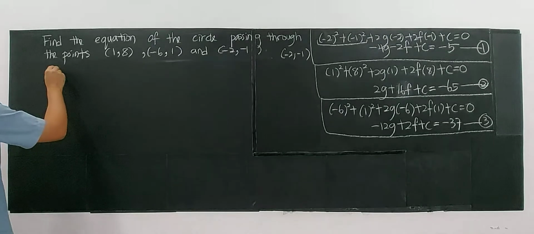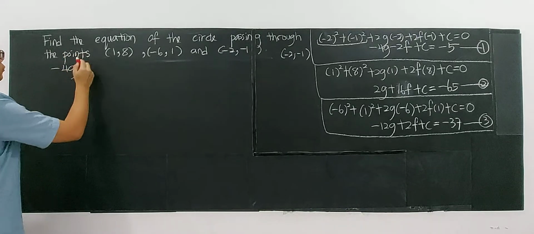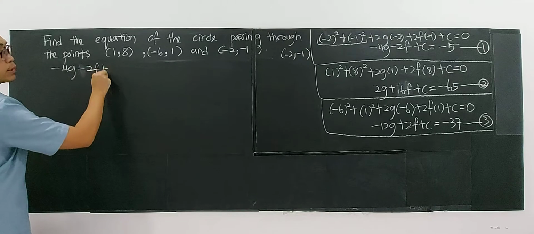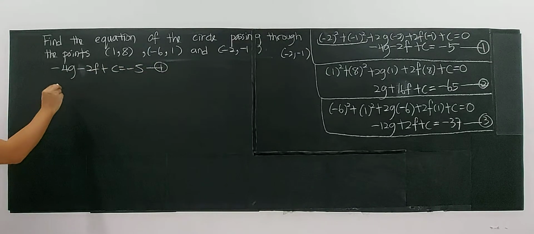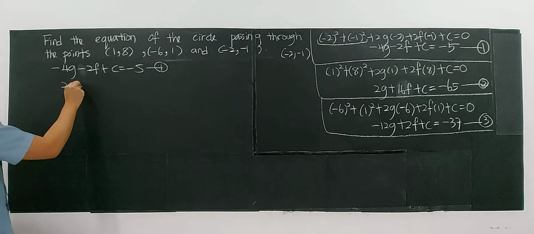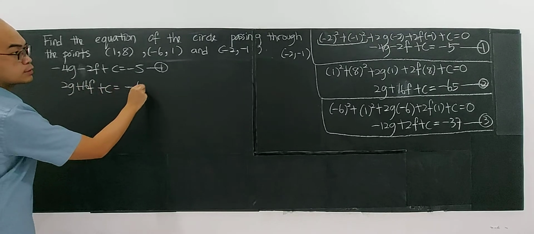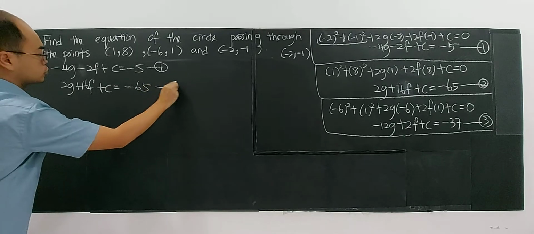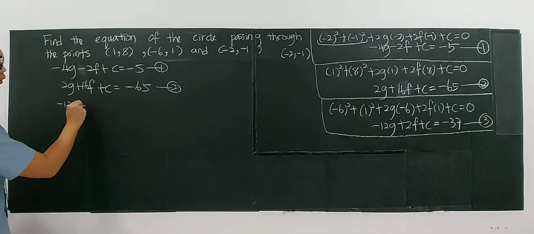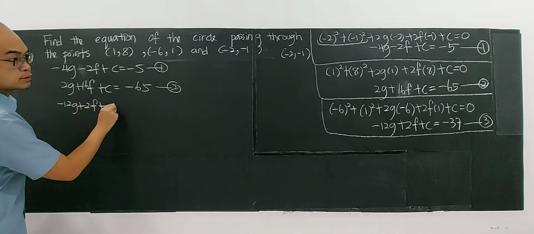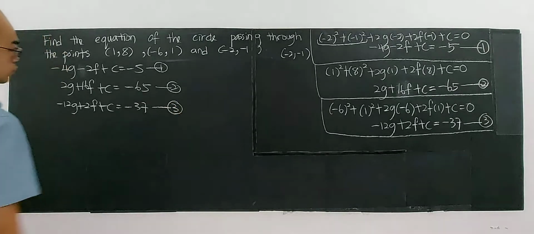So we have -4g plus -2f plus c equals -5, equation 1, and 2g plus 16f plus c equals -65, equation 2, and -12g plus 2f plus c equals -37, equation number 3.